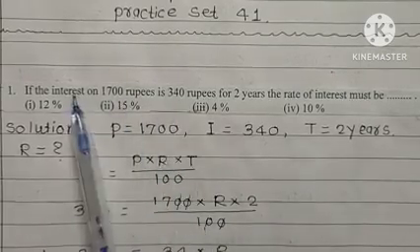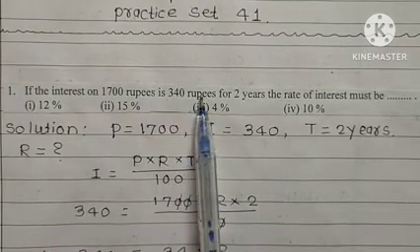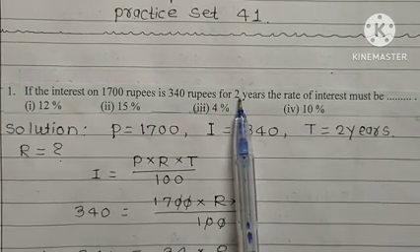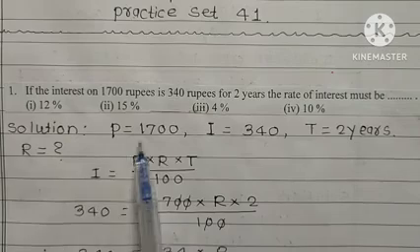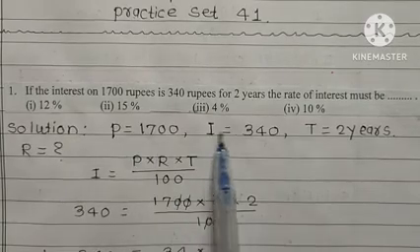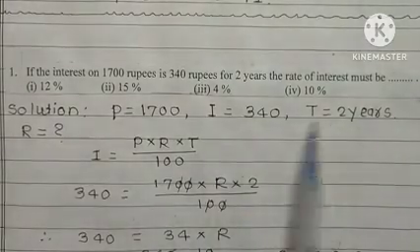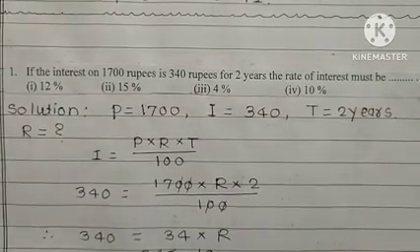This is interest, that is I, 340 rupees. This is T, time period. So for solution, you write P is equal to 1700, I is equal to 340, T is equal to 2 years. And rate of interest, that is R, is to calculate.